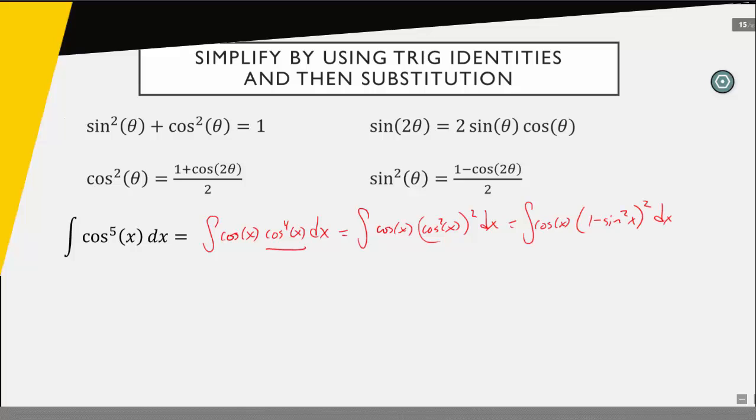Now I'm ready to make my substitution. Let u equal sine of x, that's the complicated stuff. Then du, the differential, will be the derivative of sine dx. Plugging all this in, I get 1 minus u squared, quantity squared, du. Once again, expand this, integrate the polynomial, replace everything with x's, and then you're all set.